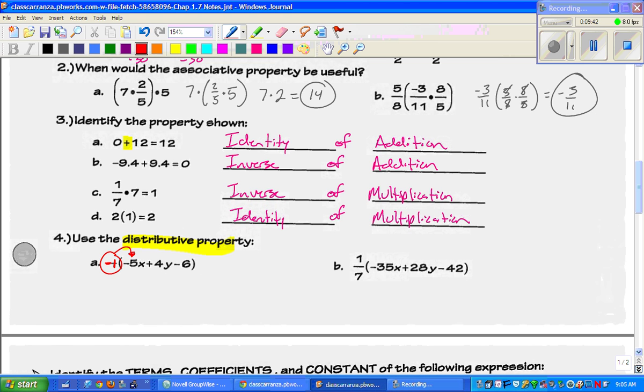So, negative 1 times negative 5x gives us positive 5x. Negative 1 times 4y is going to give us negative 4y. And negative 1 times negative 6 is going to give us positive 6.